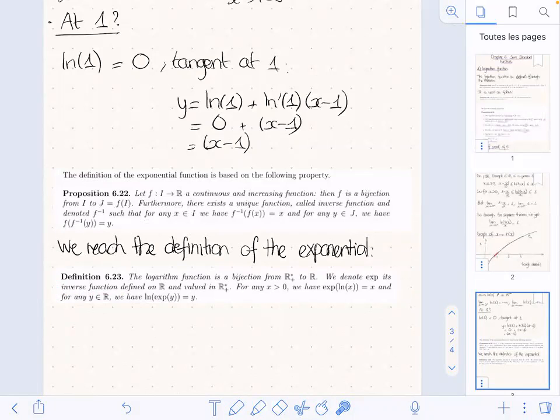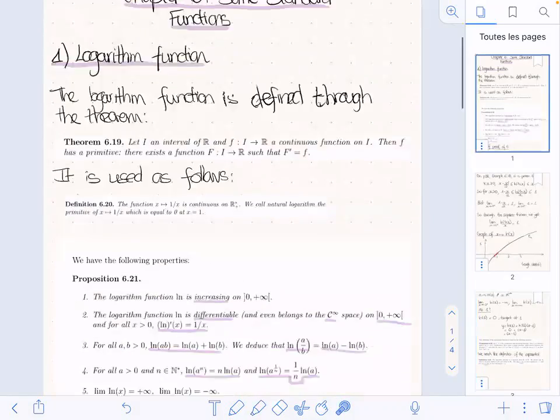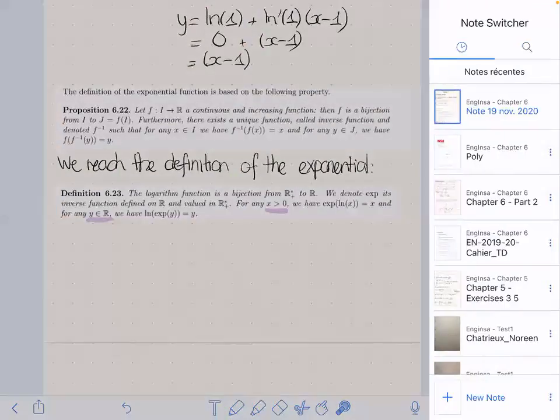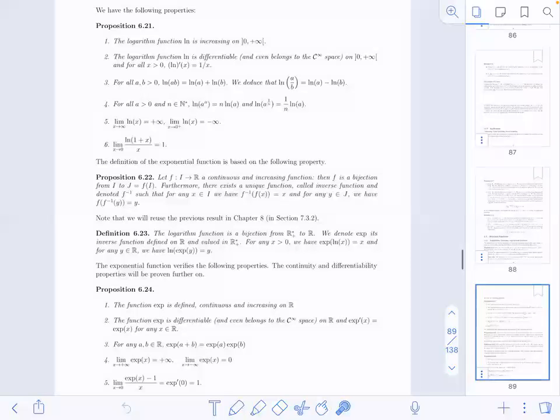For any x in R plus star, you have exponential of logarithm of x equal to x. Okay, it's really important here that this is strictly positive. And similarly, for any real value, you can take the logarithm of the exponential and you recover the initial value. So that's how we can use the logarithm to define the exponential.